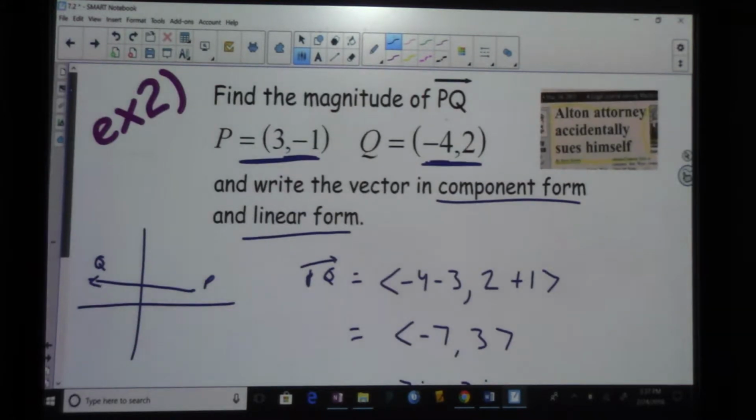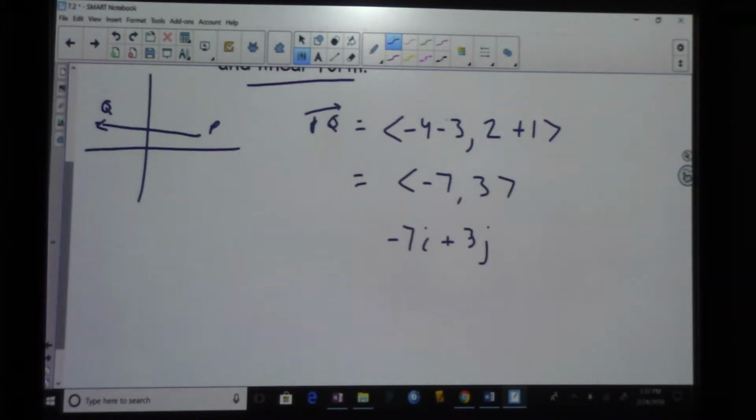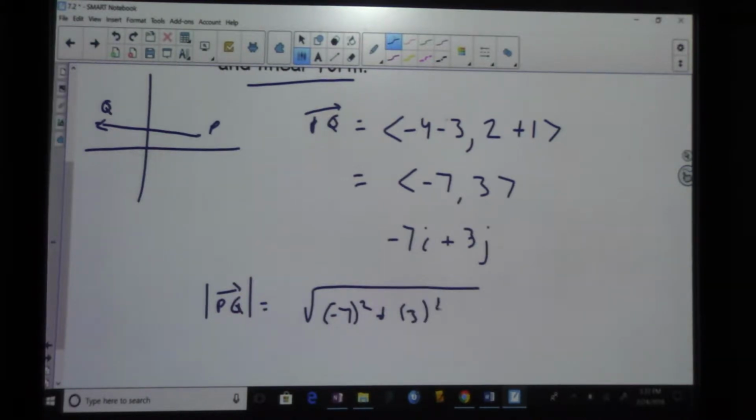And there we go. Oh, sorry, I need to read. Find the magnitude of the vector. So I found the vector, now let's find the magnitude. So the magnitude of vector PQ is the square root of negative 7 squared plus 3 squared. This pen is driving me nuts.